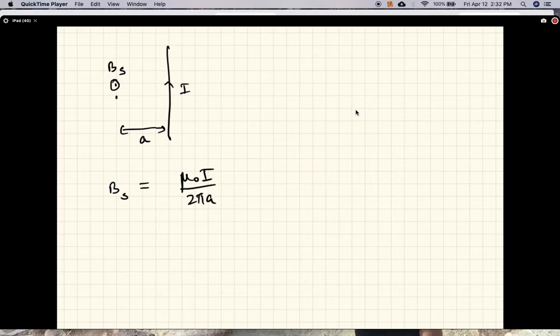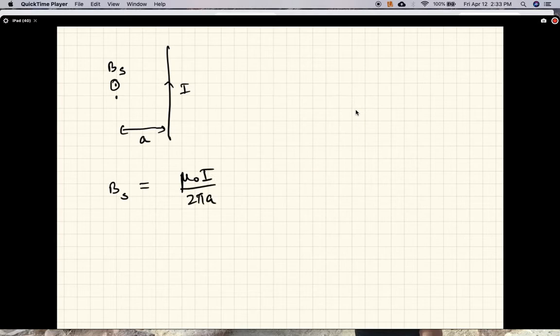There is P. The field at P due to this straight section, using your right hand rule, you point your thumb along there, and the field will come out of the sheet. So the field is coming out of the sheet, and this field due to the straight section is mu naught I over 2 pi a.